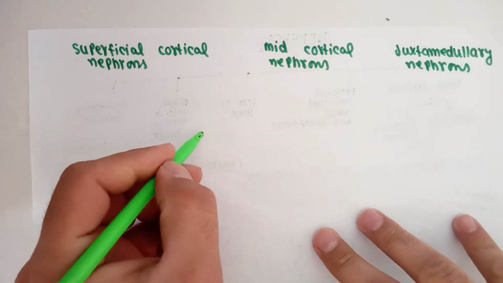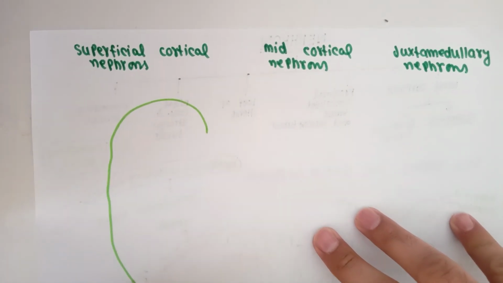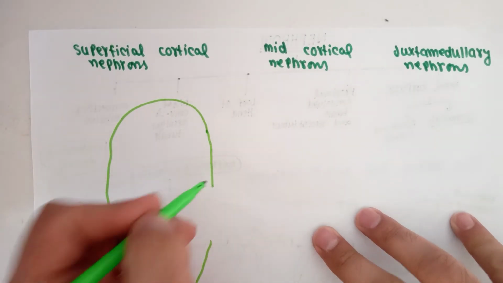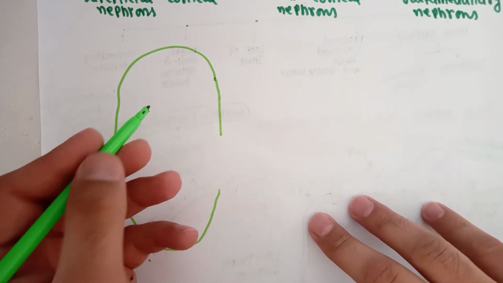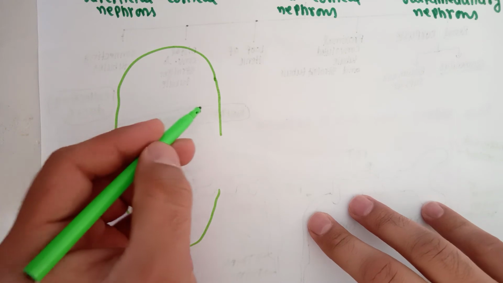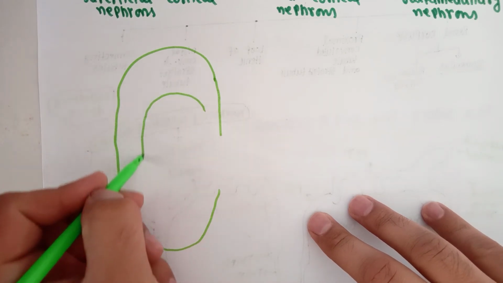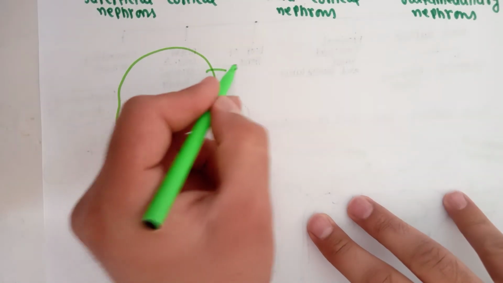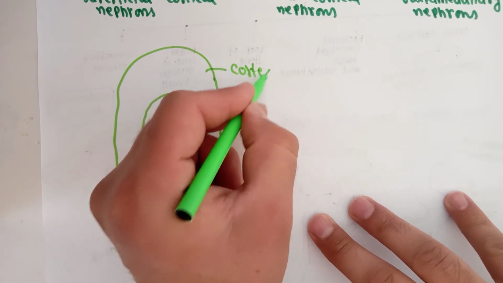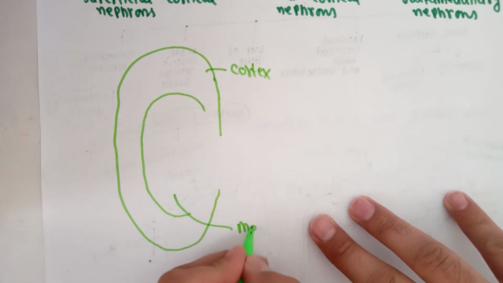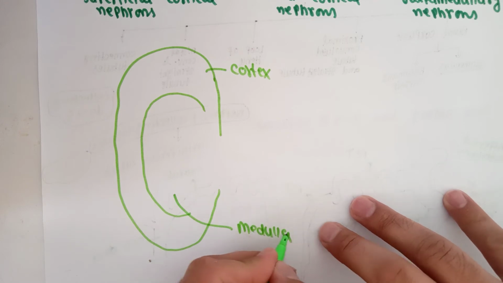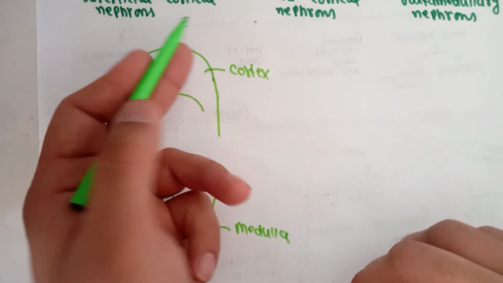This is the kidney. I will draw those structures with which we are concerned. This is the kidney. This is the cortex of the kidney, and this is the medulla of the kidney. Superficial cortical nephron.